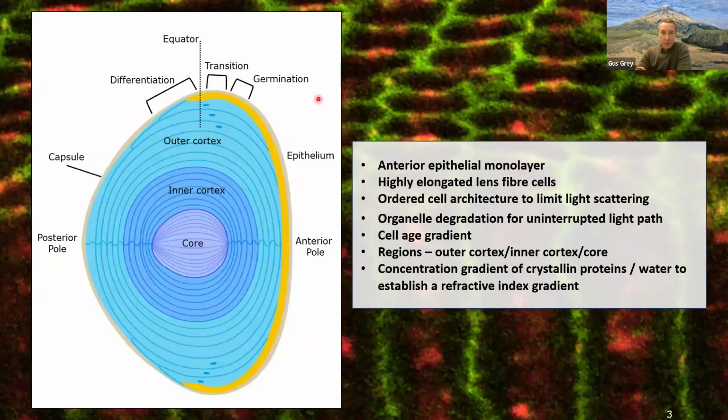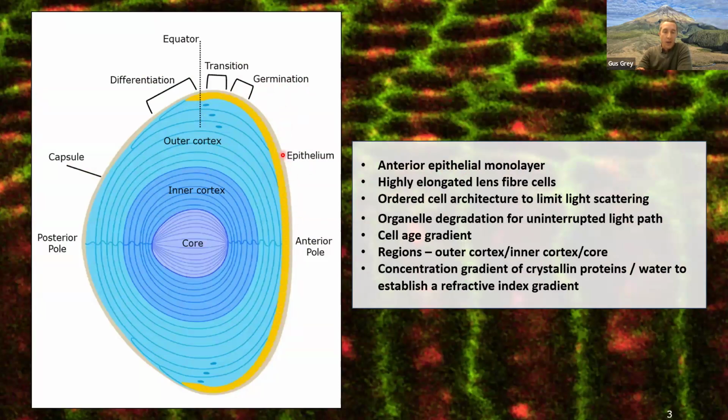If we look at this in a cartoon form, on the left-hand side, you can see a schematic of the lens. And I wanted to draw your attention to a few important structural features. So it has an anterior epithelial cell monolayer, which is this yellow monolayer covering the anterior surface.